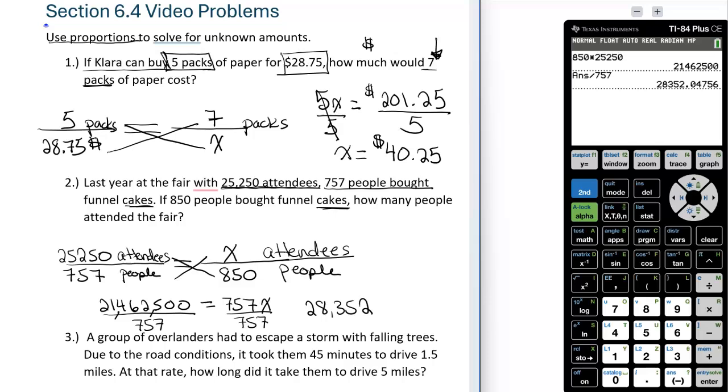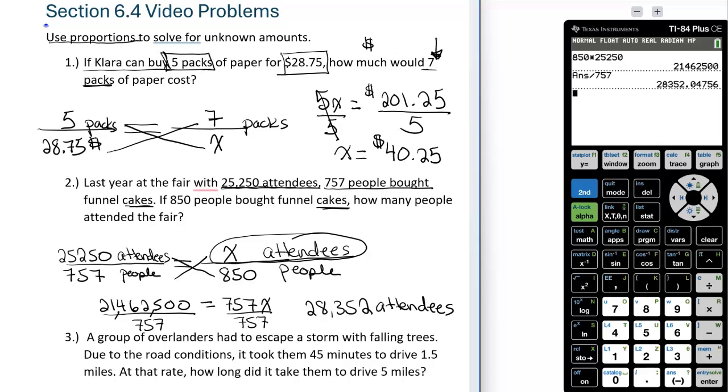28,352. Now, if you're unsure of what unit goes with your final answer, you can look back at your proportion, and the unit sitting next to that variable is the unit that goes into your answer. I love that little trick because it can be easy to forget what the unit of your answer is.